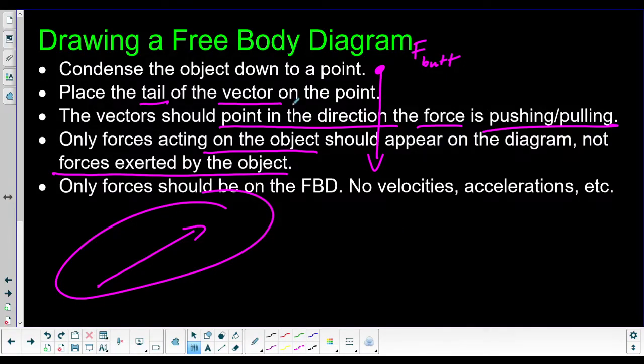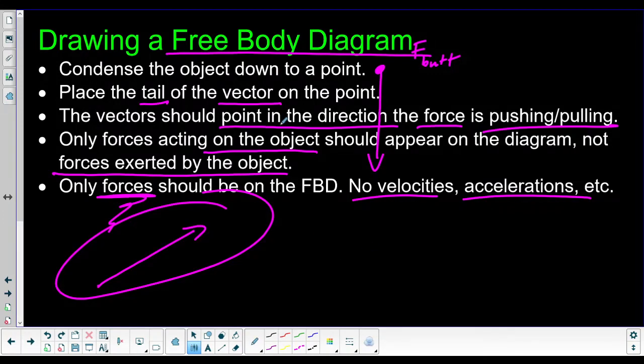And I'll show you some examples of what we mean when we look at real stuff instead of just these vague imaginings. The last one is that free body diagrams should only have forces on them. Okay? No velocities, no accelerations, no masses, no displacements, no anything else that you want to put on there.